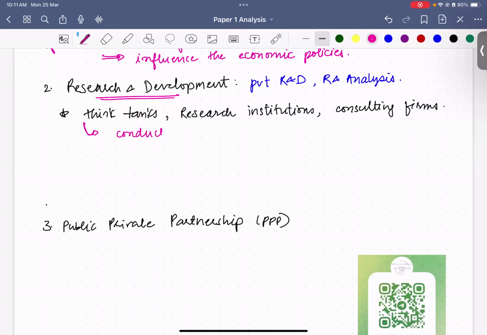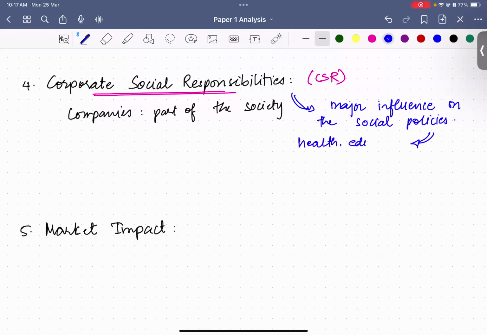Okay, so this particular has a major influence on the social policies, like health, education, environment, etc.